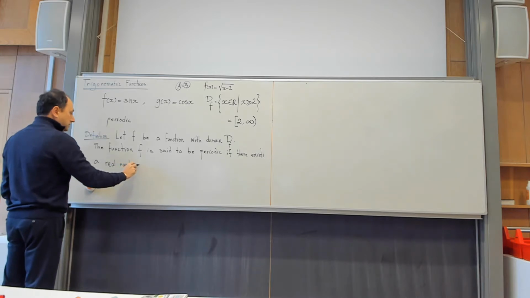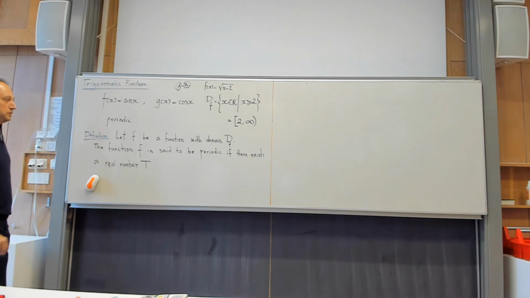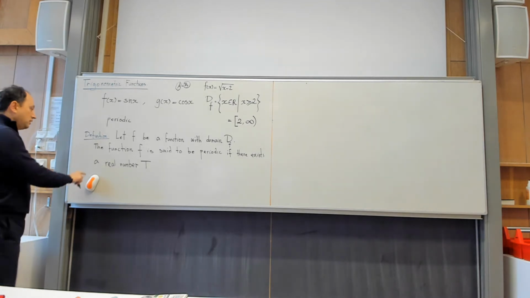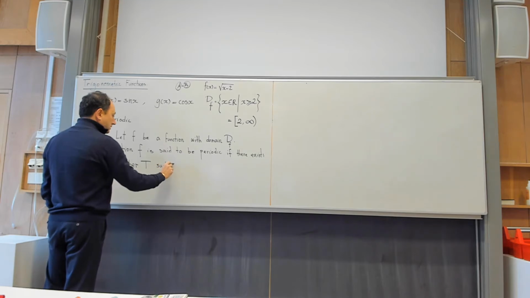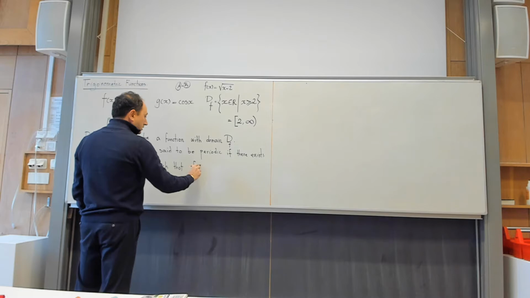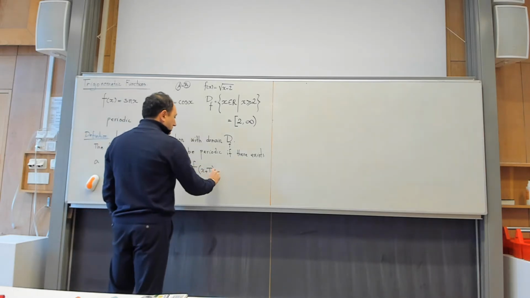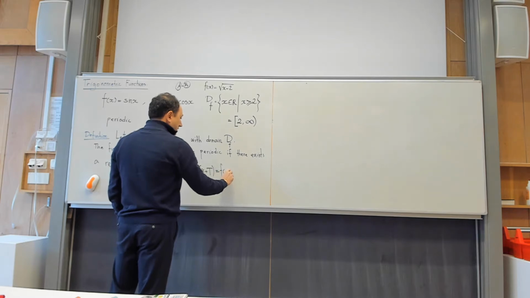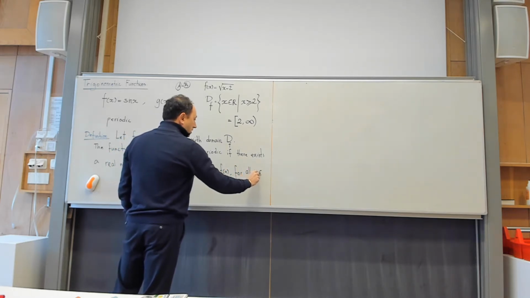A real number T, capital T, this is the symbol we use for period. So a real number T such that f of x plus T is equal to f of x for all x belonging to the domain of this set.